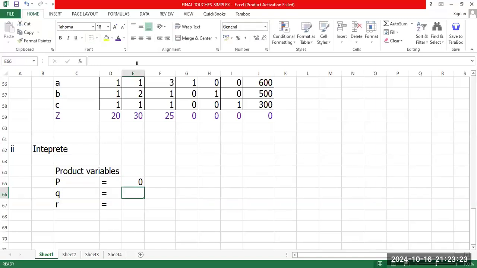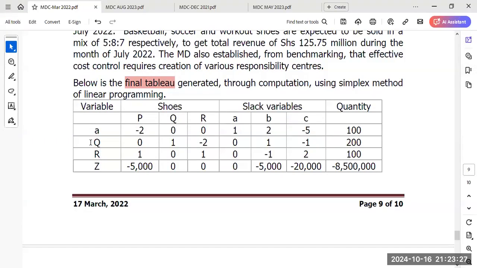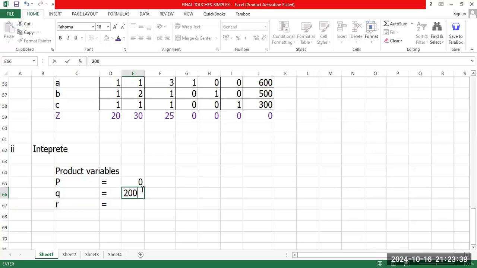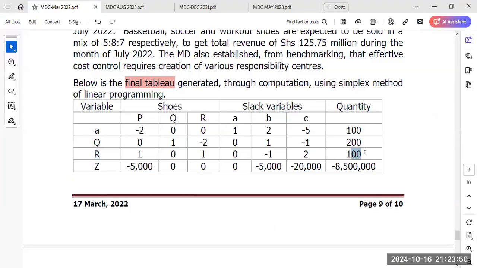Then here Q, you have Q. Then you go to your solution quantity and see. You have 200. So it means that Q, the number of shoes, is 200. Then R, do you have R? R is 100.